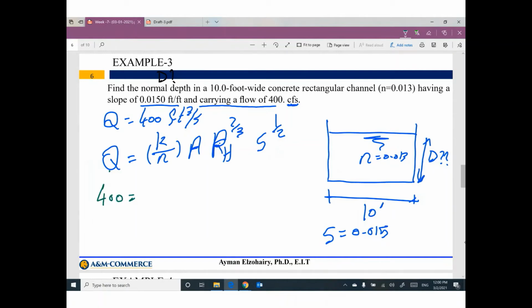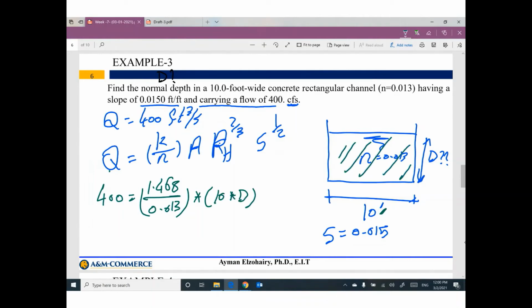K, because we are using US units, is 1.486. Divided by N, 0.013. What is the area of this flow? 10 times depth. I don't know the value of depth, that's fine. So 10 times D.